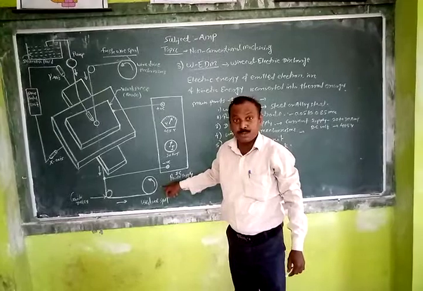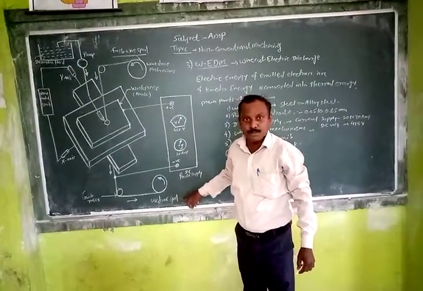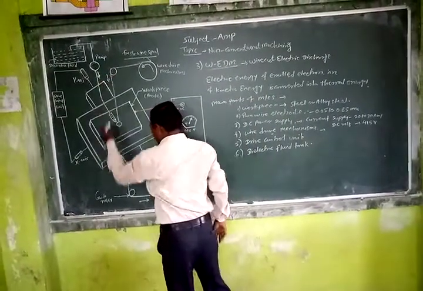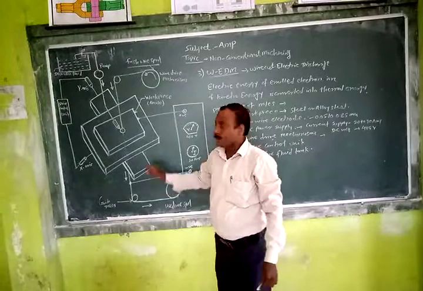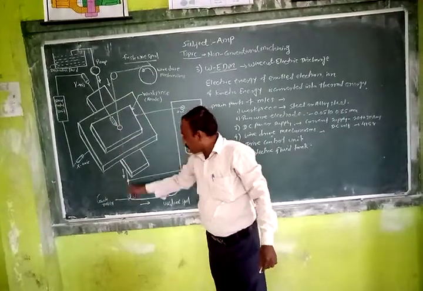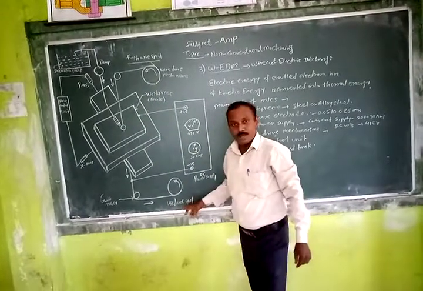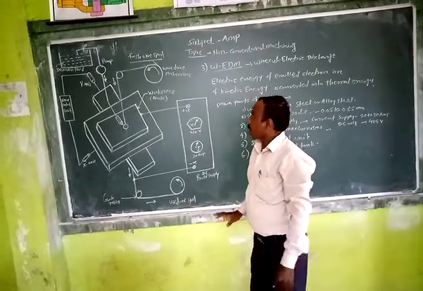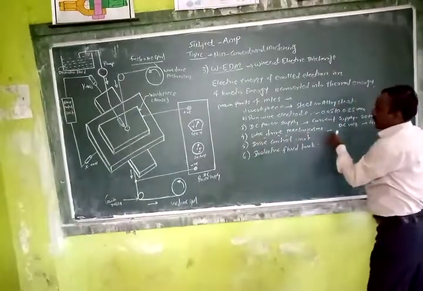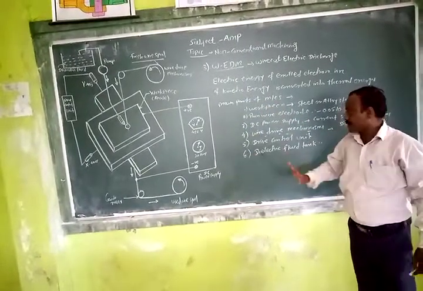There are two wire spools, a fresh wire spool and a used wire spool, and two guide rollers. The guide rollers convey the wire from the fresh wire spool to the used wire spool, continuously feeding the workpiece.